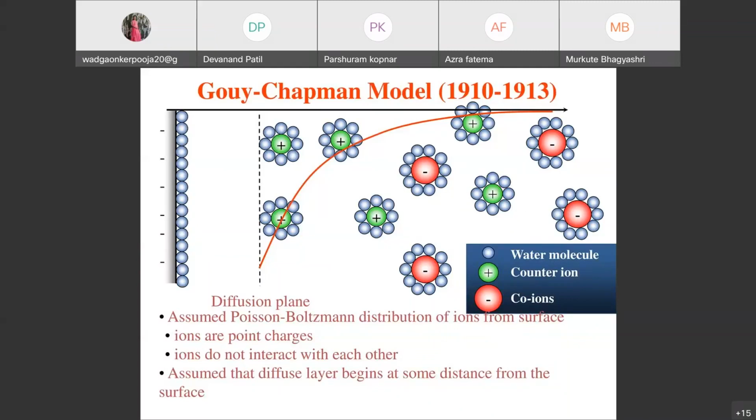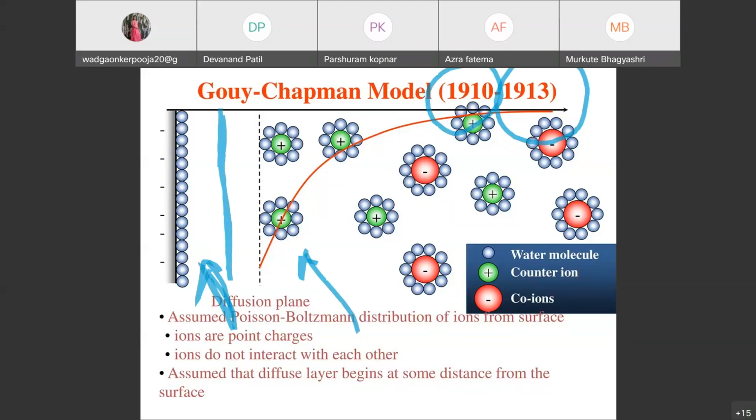Yes. So the Gouy-Chapman model: Gouy and Chapman, both scientists, in the years 1910 and 1913, said something about the Helmholtz model. Let me summarize in one minute. This model has its electrode as negative.